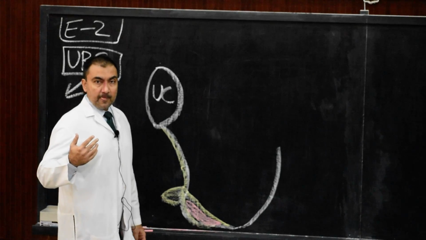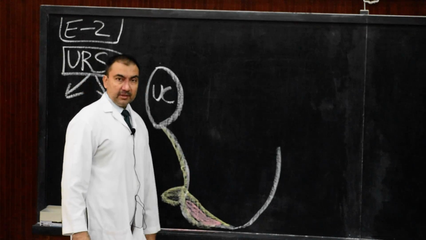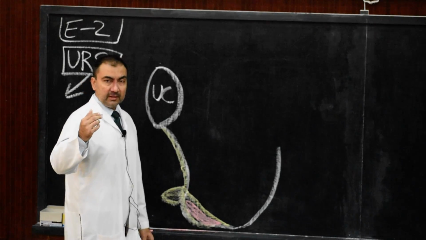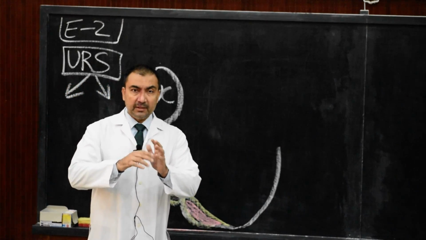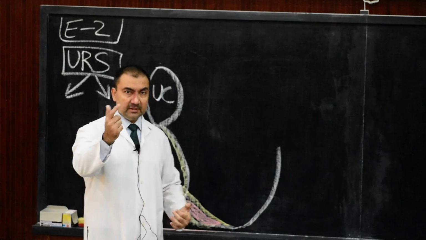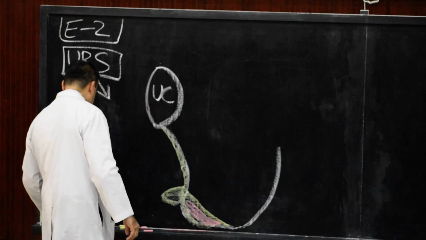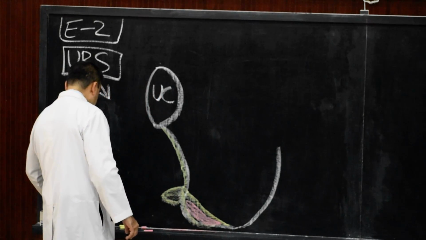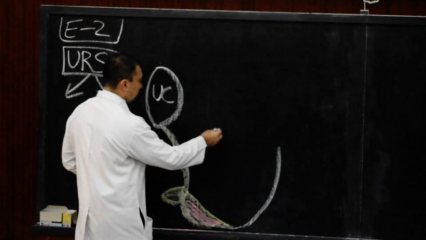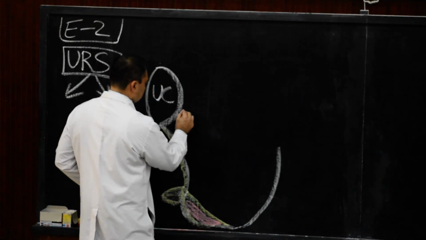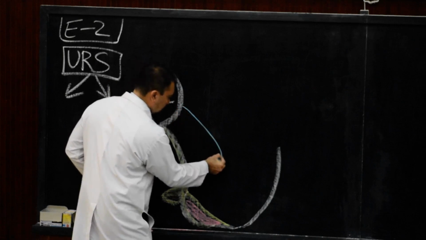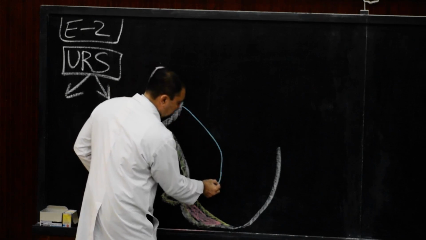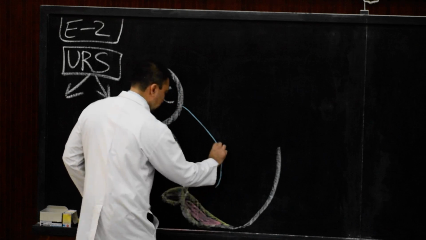Now we show the endodermal cloaca and how this endodermal cloaca is divided by development of urorectal septum into a dorsal and ventral portion. That is what we need to show. So therefore, in order to show that, we are going to draw over here the first structure, in this way.